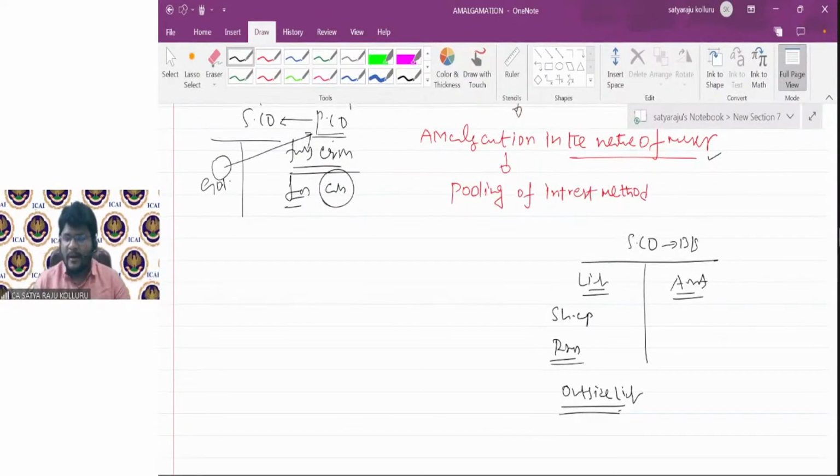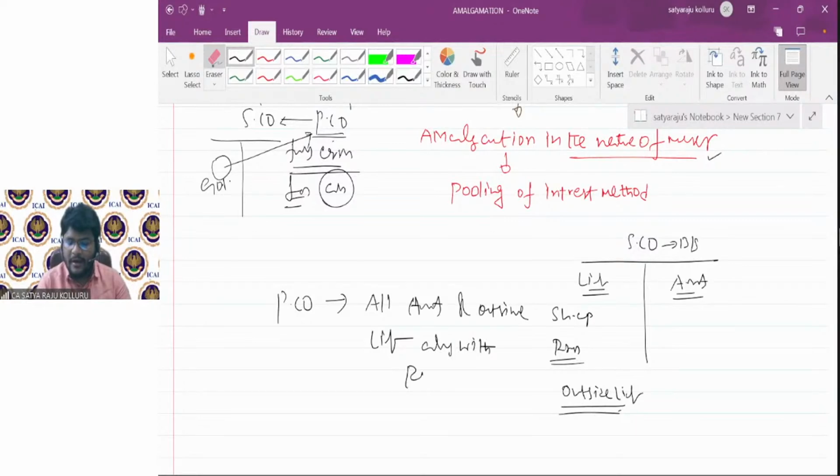In case of amalgamation in the nature of merger, the purchasing company will take over all assets and outside liabilities. Along with that, it will also take over the reserves and surplus of the selling company as well.